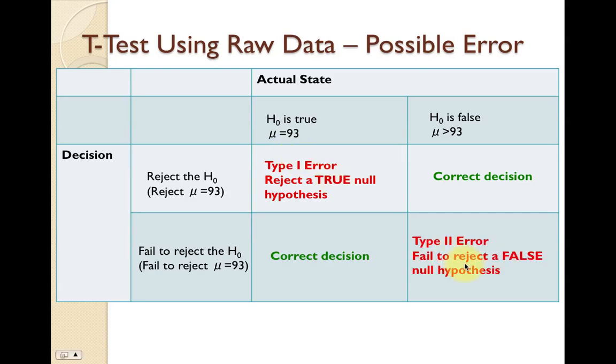A type 2 error is going to occur when we fail to reject a false null hypothesis, meaning that the octane rating is really greater than 93, but we failed to reject it. So in this problem, because our conclusion was to fail to reject the null hypothesis, the type of error that could have been made is a type 2 error.